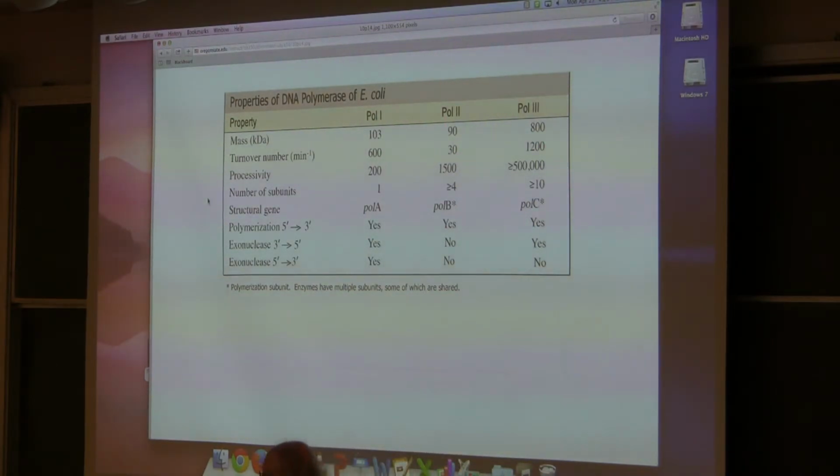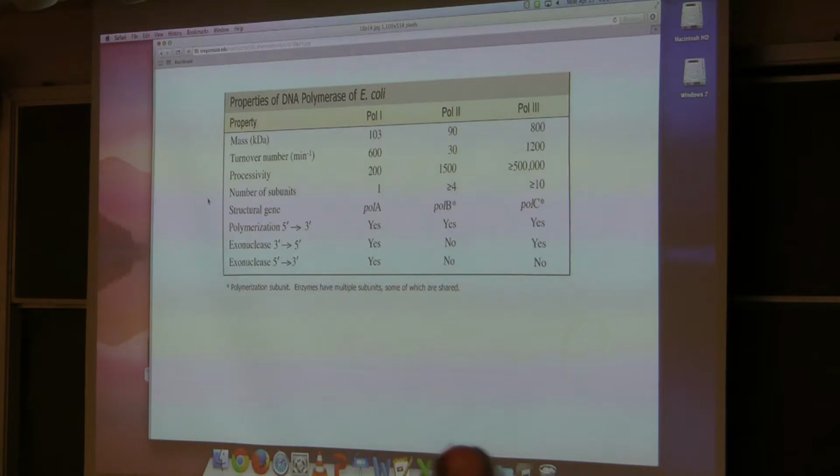Polymerase II is a relatively minor polymerase, and it's there to help the E. coli cell deal with damaged DNA. For our purposes, we're not going to care about polymerase II. Polymerase 1 and 3 are going to be the ones that we will focus on.